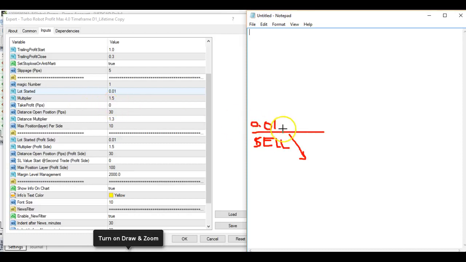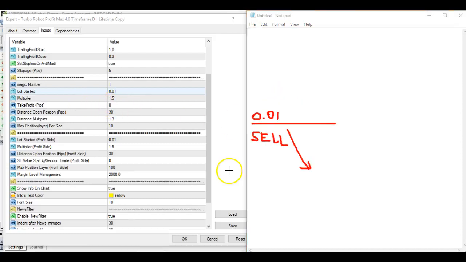Let's say your TP here is, so your 0.01 starting lot size over here, right? Okay, we'll draw this portion here and explain it. Now let's say your starting lot size is 0.1, and maybe your TP, we will change it to 10 pips.